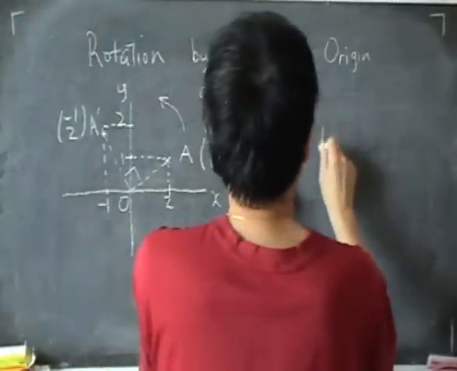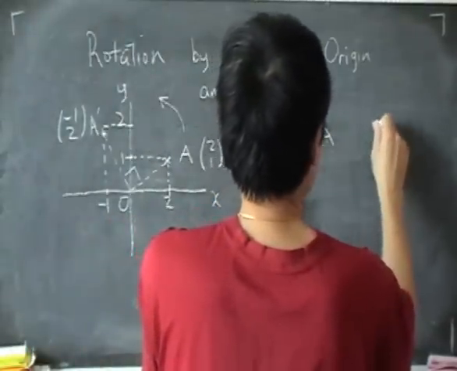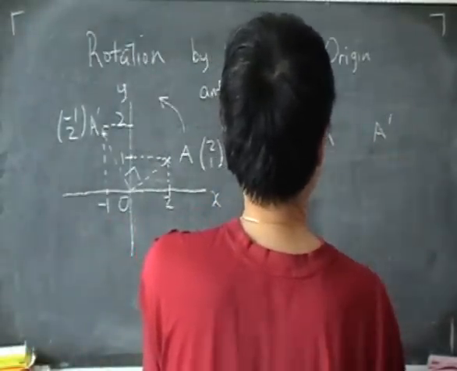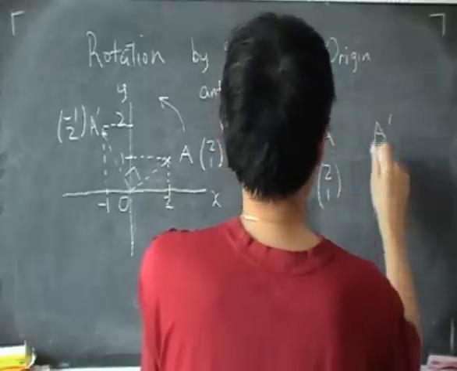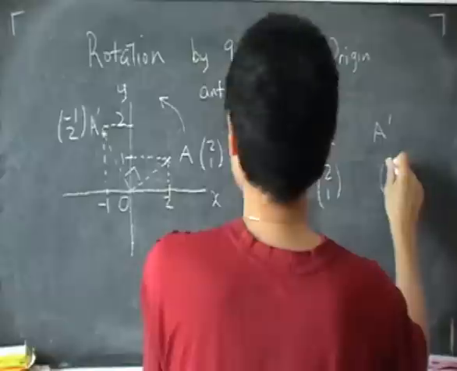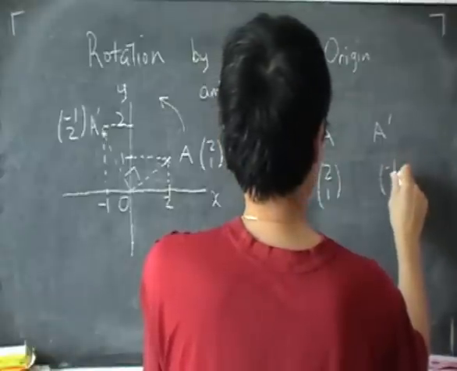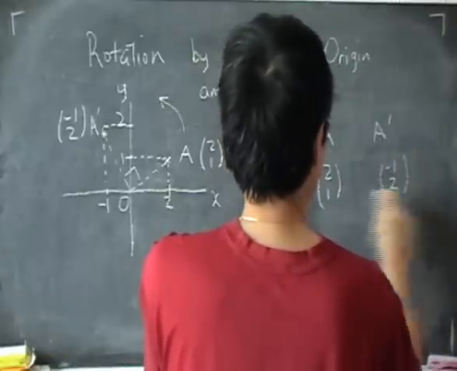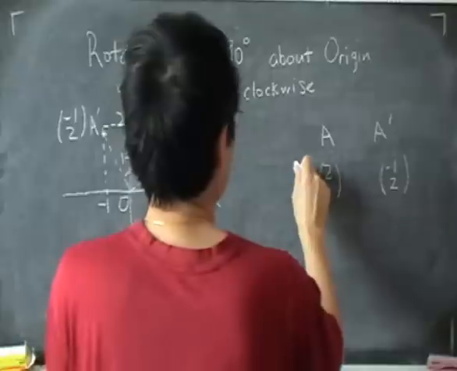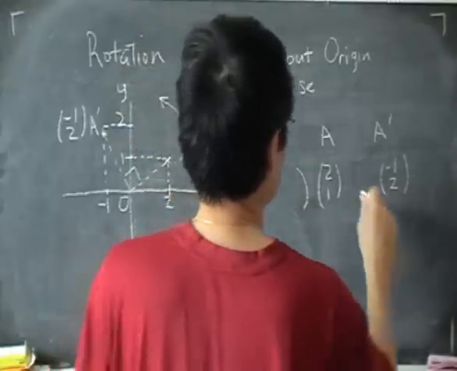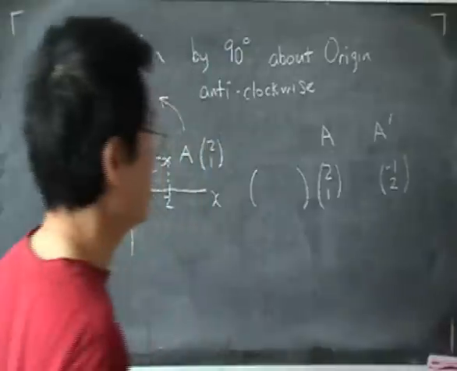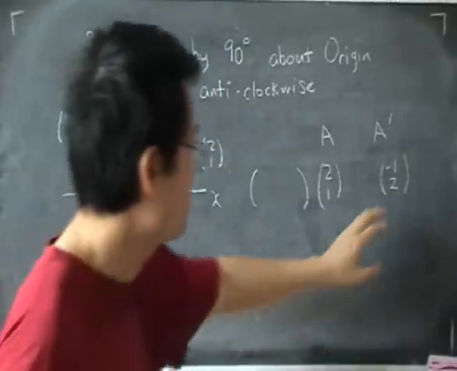So starting from A and going to A prime, A is 2, 1, and we already know the answer that A prime is -1, 2. We want to learn the matrix that gives the right answer.